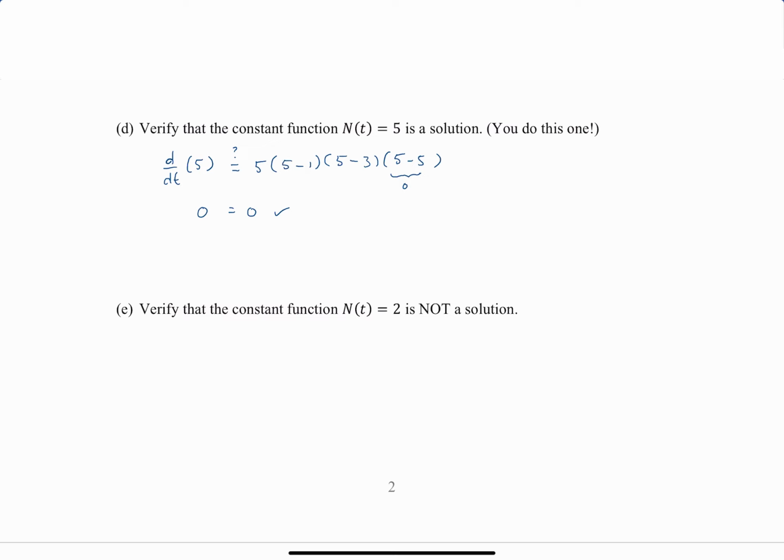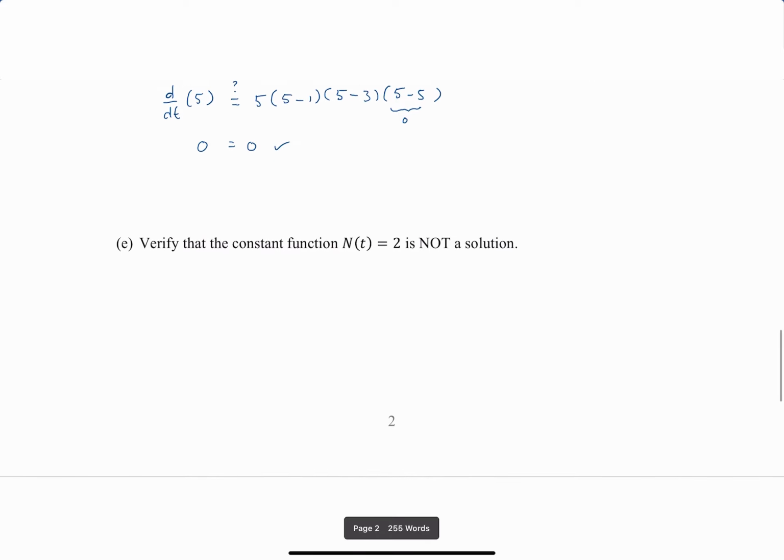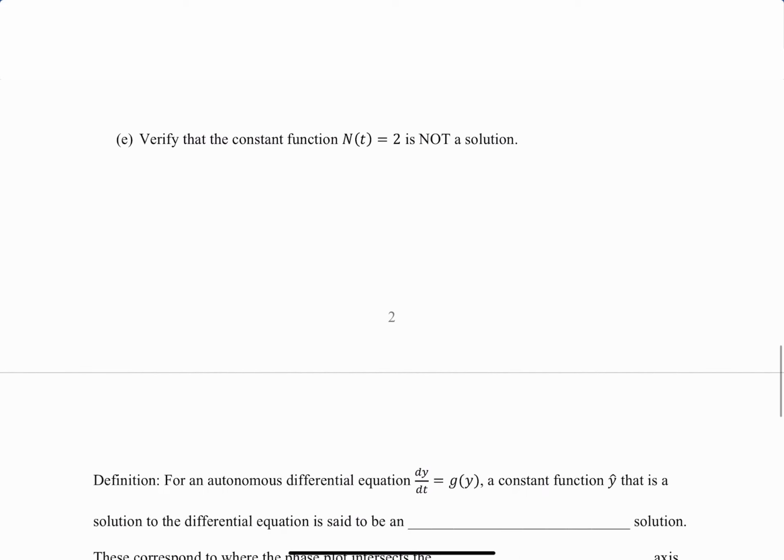Now, I don't want to give you the idea that any old constant function would be a solution to the differential equation. So let's verify that the constant function n of t equals 2 is not a solution. So I'm asking myself, if I put a 2 in for n, will I have a true equation? On the left-hand side, the derivative of the constant 2 is a 0.